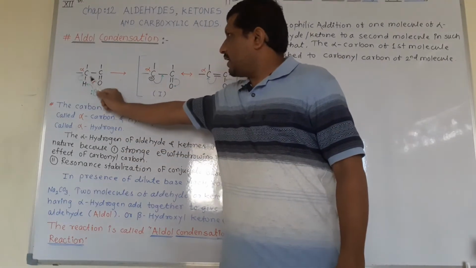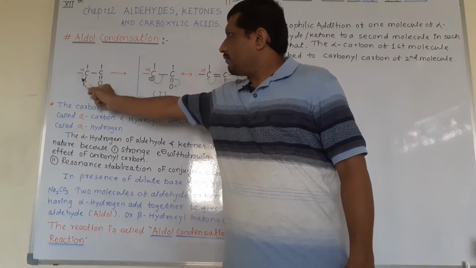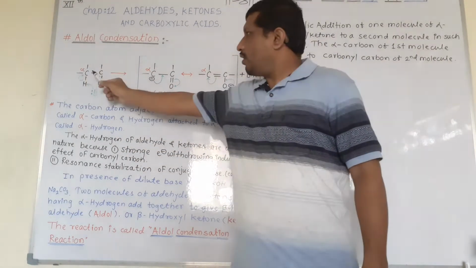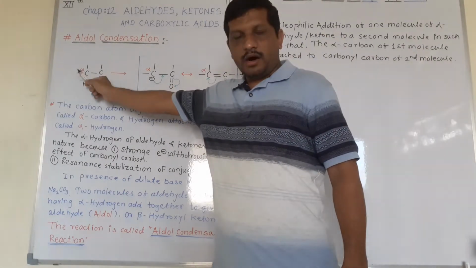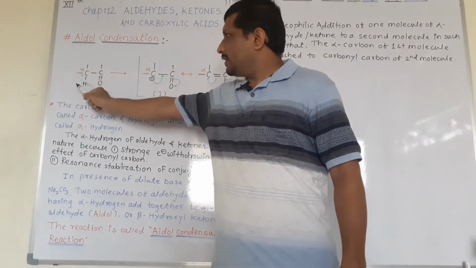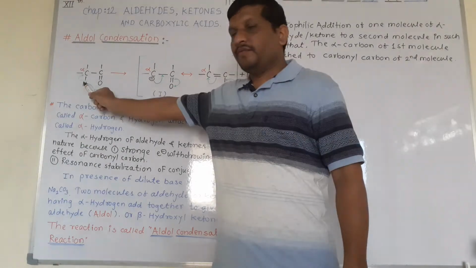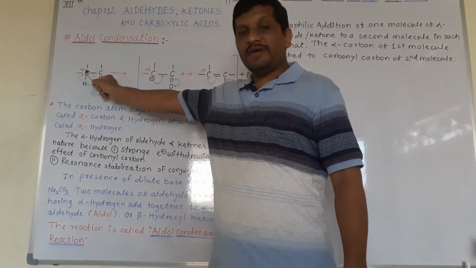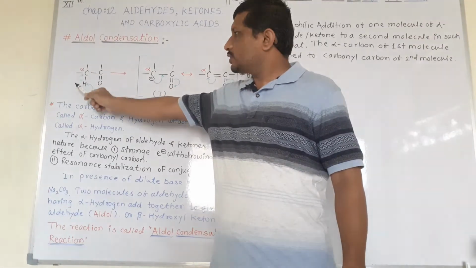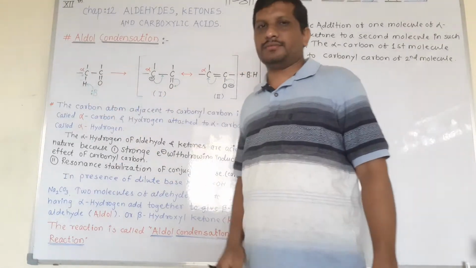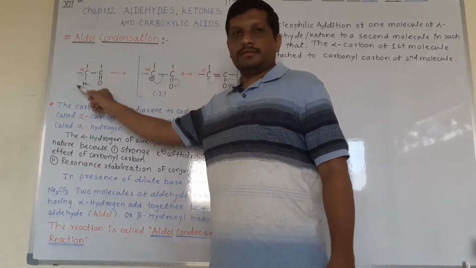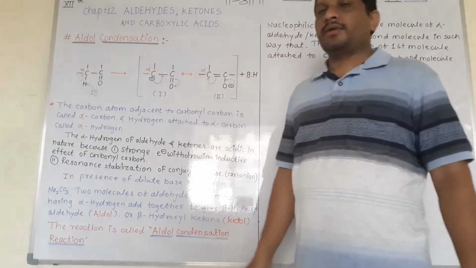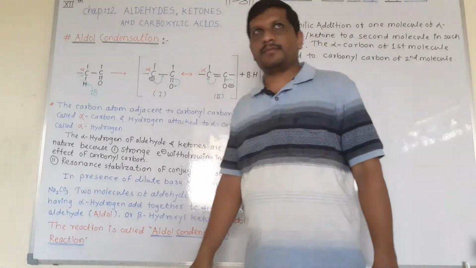This carbon adjacent to the carbonyl group is known as alpha carbon, and this hydrogen attached to the alpha carbon is known as alpha hydrogen. The alpha hydrogen is one of the most important parts in this reaction.